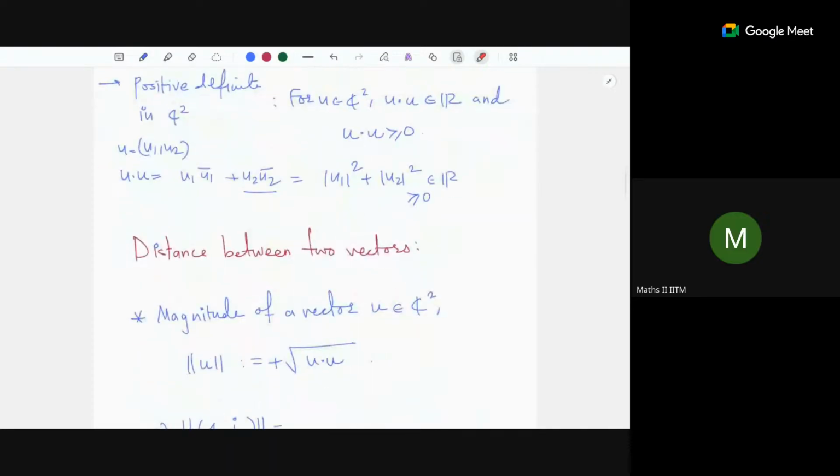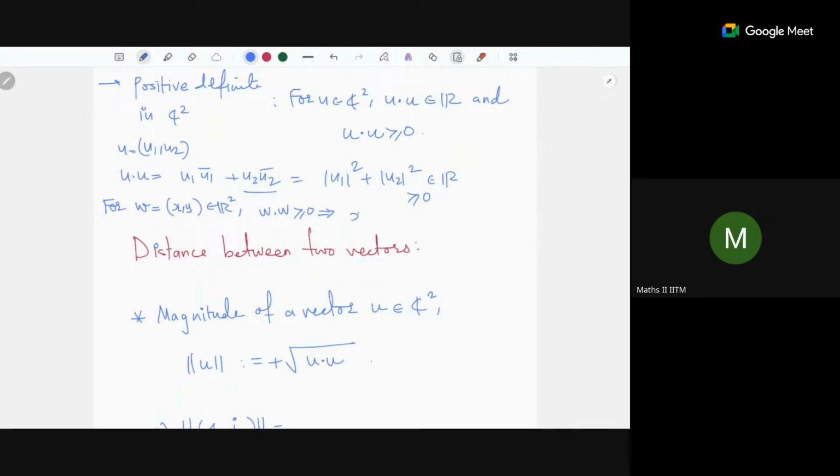If you have a vector in R2, let's say w, which is x comma y, then what does positive definite mean? It means that v dot v should be positive. So what is v dot v?